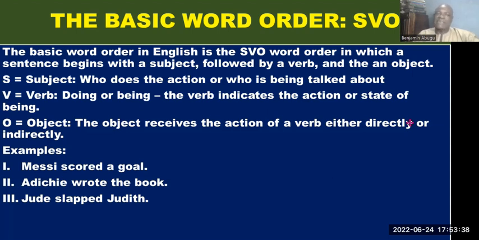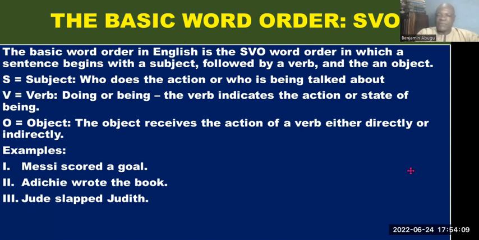Now, S stands for subject, and subject means who does the action or who is being talked about. V stands for verb, and verb is the word that expresses doing or being. The verb indicates the action or state of being. O stands for object, and the object receives the action of a verb either directly or indirectly, all right?